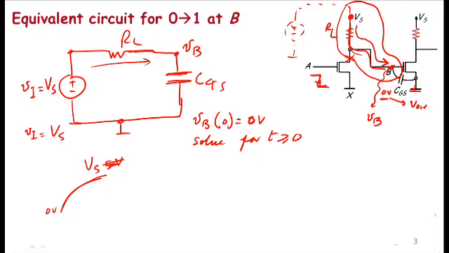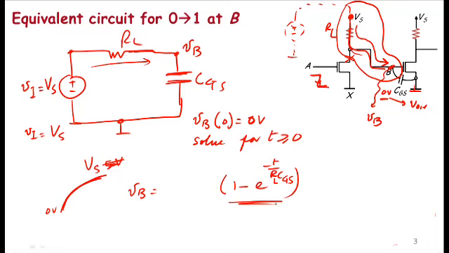Based on the intuitive method that I showed you earlier, I can write down VB directly by inspection. First of all, I know that the form of the capacitive voltage is given by 1 minus e to the minus t over RC. RC is my time constant, and really R is RL and C is CGS, so it's RL CGS.